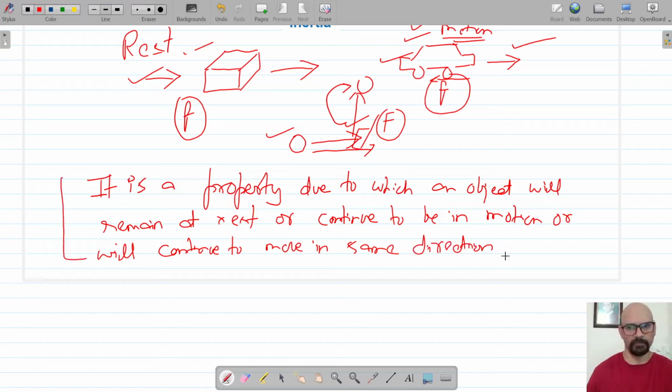And this is happening unless some external force is applied on it.